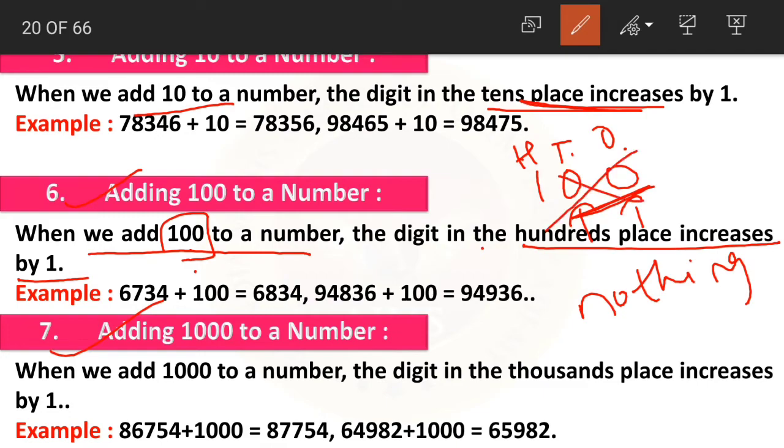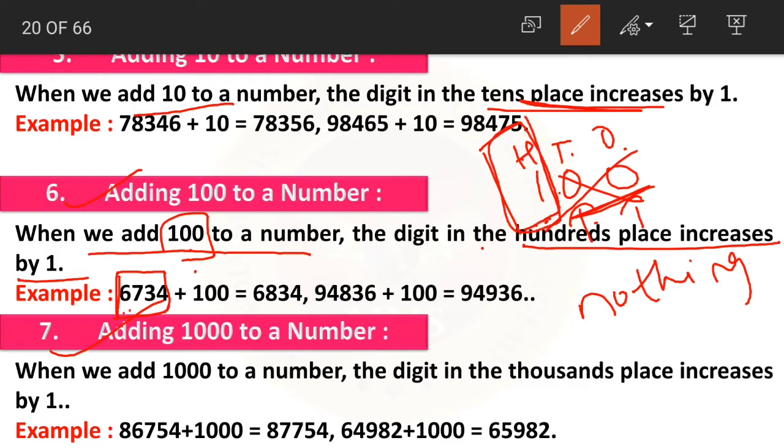So like these zeros being there or not being there, it is the same thing. There is no use of this 0. The only number here is 1 in hundreds place. So in the given number, like here in the example, 6,734. Now here 1 is in hundreds place, right?